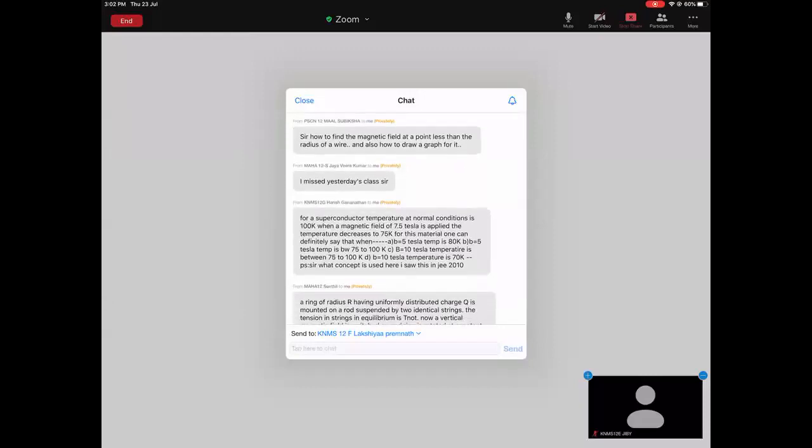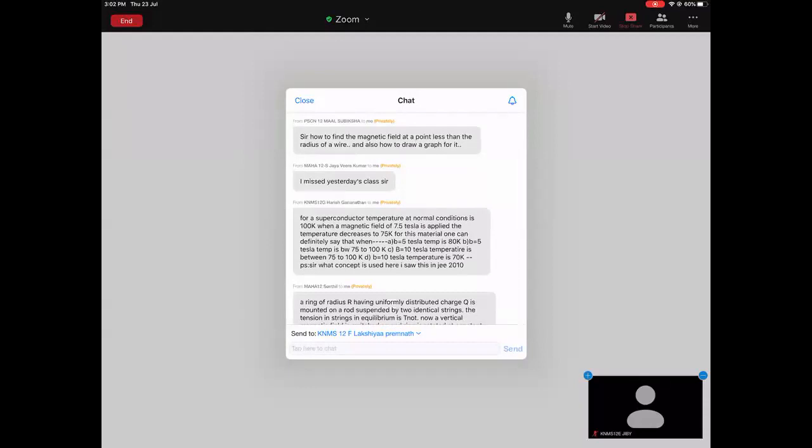For a semiconductor, temperature at normal conditions is this much. Magnetic field is applied. Temperature decreases to 75 K for this material. One can definitely say that in normal conditions it is 100 K. When you apply 75 Tesla, the temperature decreases to 75.